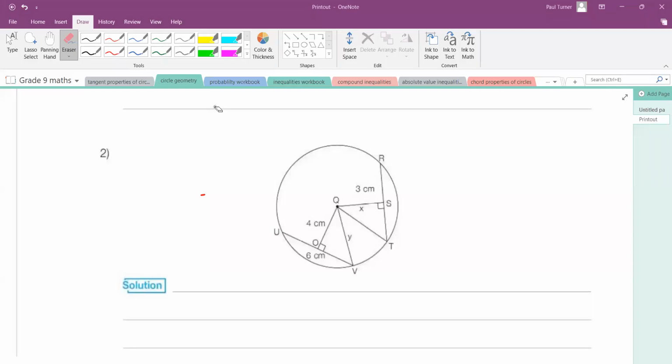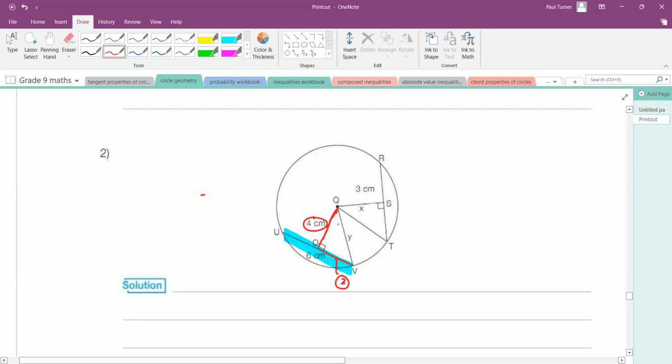Right, so in this question, we have 2 triangles in 2 different places and 2 chords. So you've got UV, which is 6. So the first thing we can do is find Y. So this chord is UV, which is 6, and it's bisected. So this length here, OV, is going to be 3. This leg here to the center is 4.